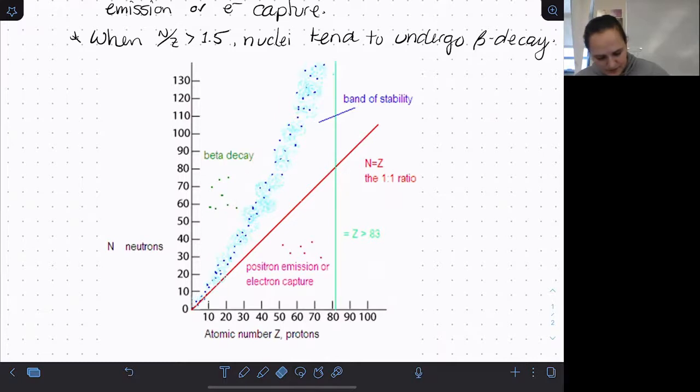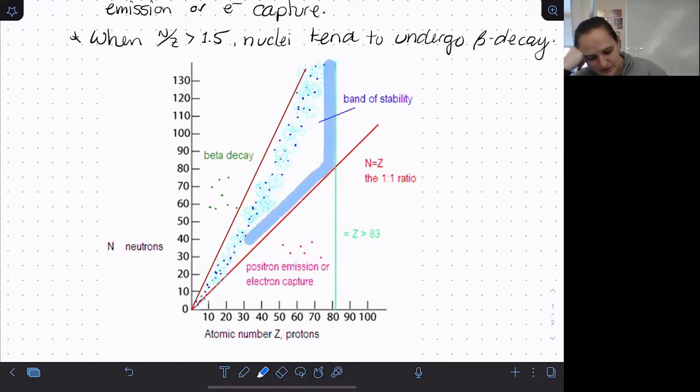So this sort of cone is what we call the band of stability. This is where stable nuclei tend to lie.